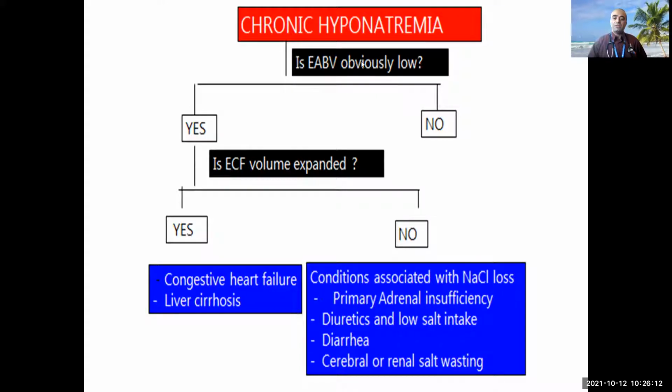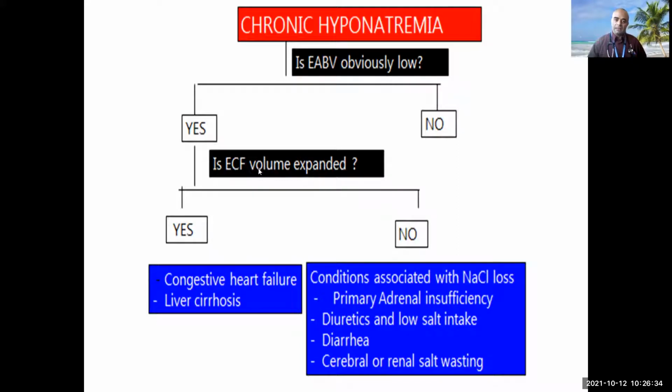If your patient's effective arterial blood volume is not depleted, we will go to the algorithm's no branch with the next slide. If the effective arterial blood volume is depleted or low, yes, the second step is to check on examination whether the extracellular fluid volume is expanded.